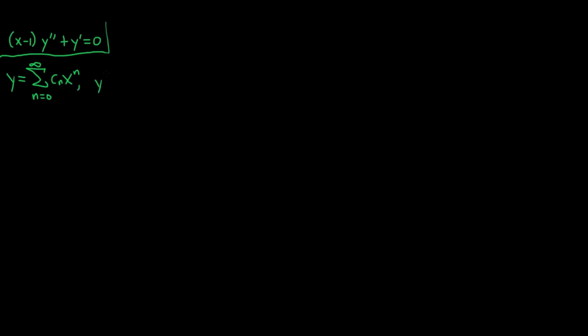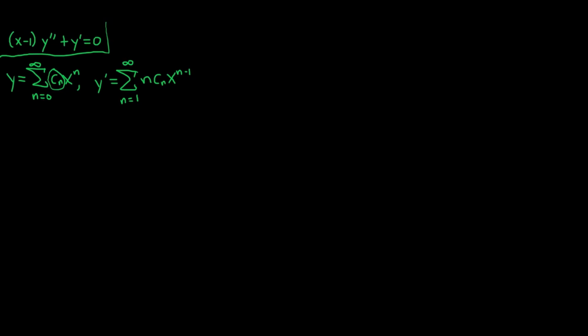So y prime is equal to the infinite sum as n runs from 1 to infinity, and I'll come back and explain that in a minute. The c sub n is a constant, so it hangs out. So you bring the n down, so you get n c sub n, and then you subtract 1 from the exponent, x to the n minus 1. So the reason we start at 1 is because when we differentiate, the 0th term goes away.